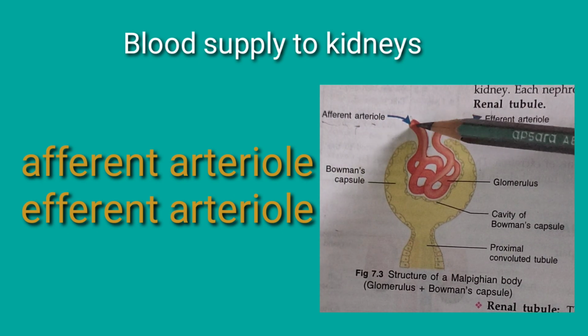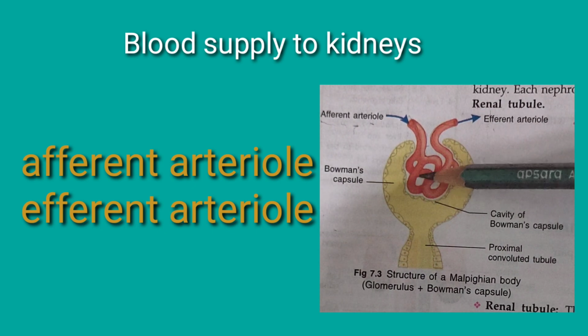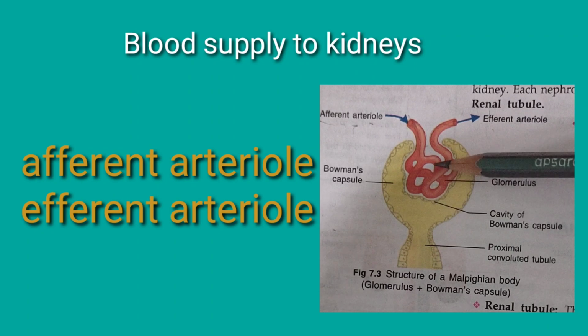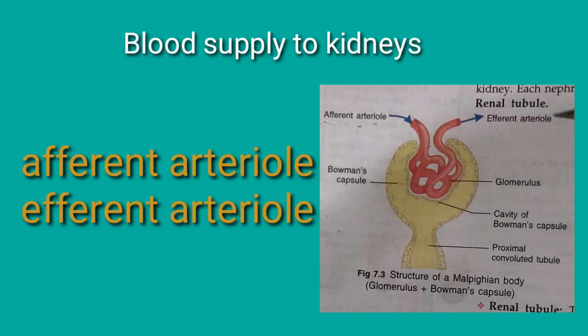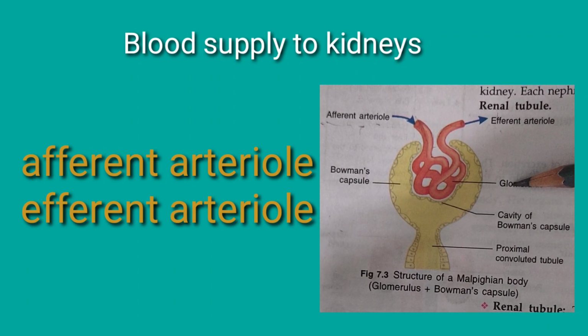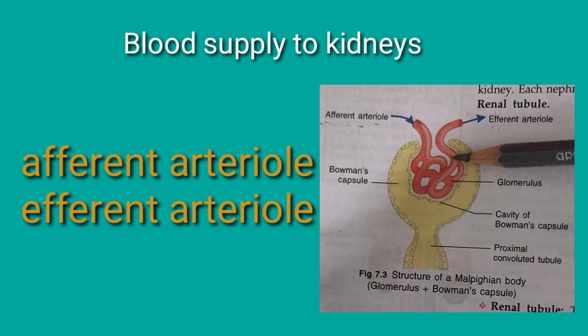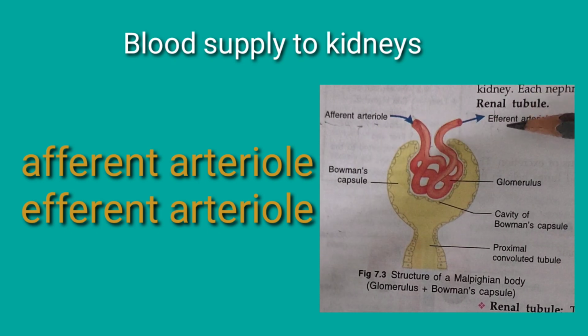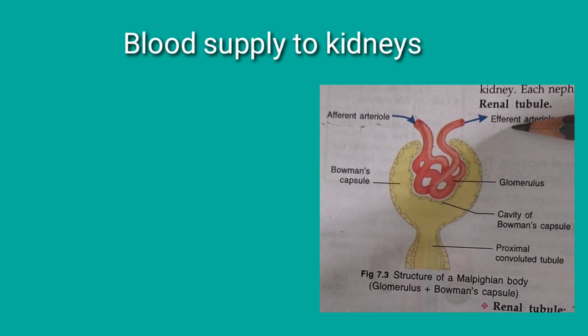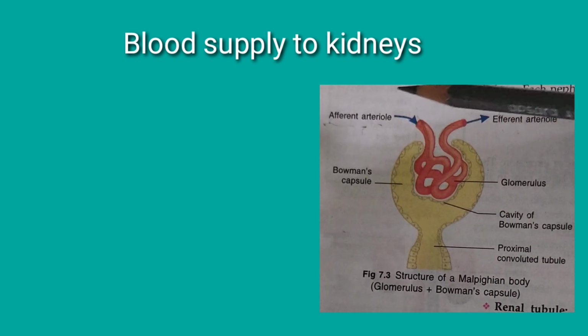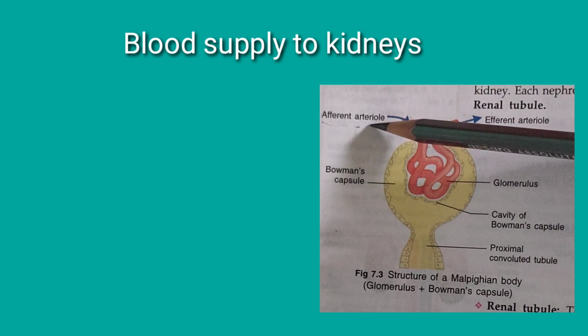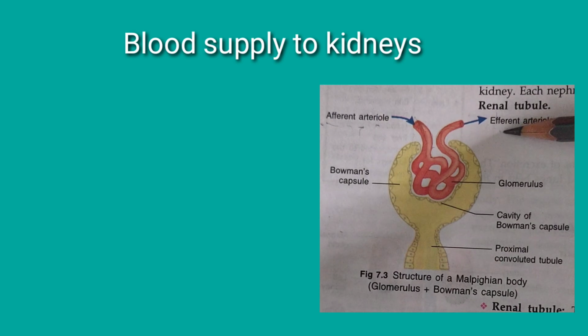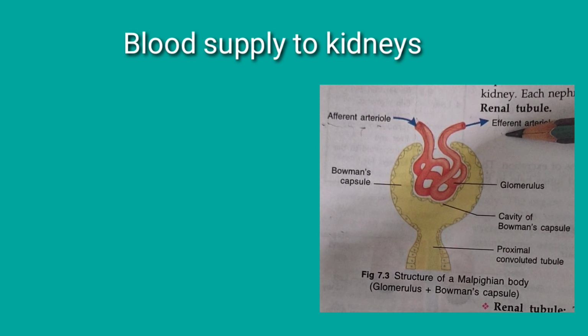And after it has entered the Bowman's capsule, this arteriole further divides into a knot of capillaries known as the glomerulus, and the arteriole which leaves the Bowman's capsule is referred to as the efferent arteriole. So the one entering is known as the afferent arteriole, the one leaving is known as the efferent arteriole.